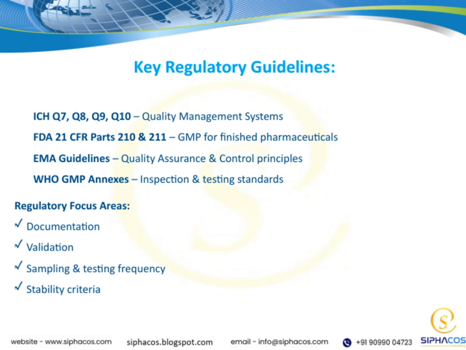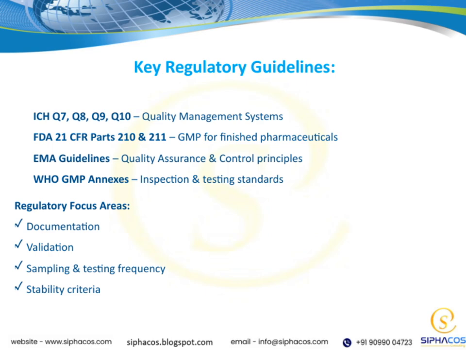They emphasize strict control over manufacturing processes to ensure safety and efficacy. Then, there are the EMA guidelines, which outline principles for quality assurance and control, helping us maintain high standards across the board. And we shouldn't forget the WHO GMP annexes, which provide inspection and testing standards to ensure global compliance.